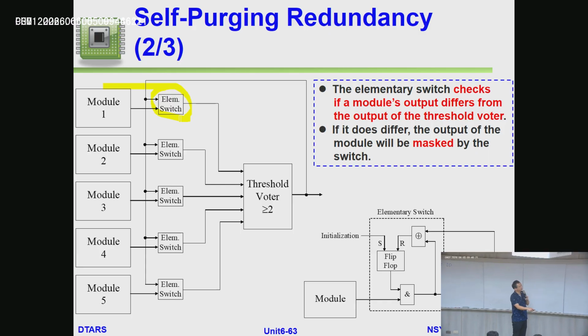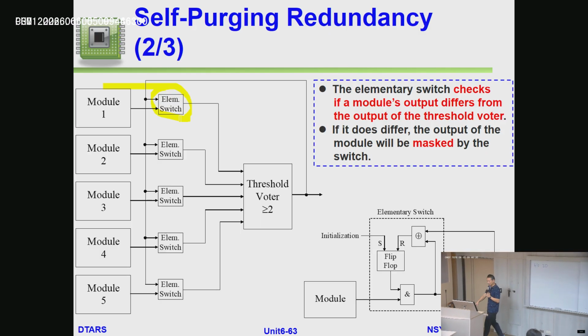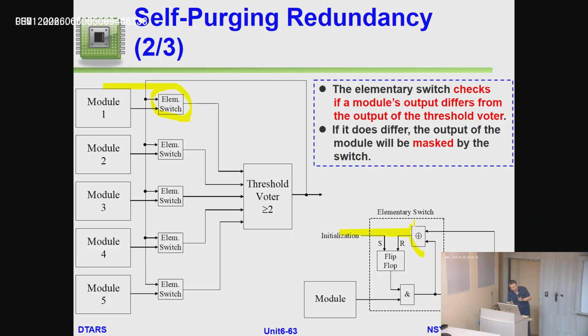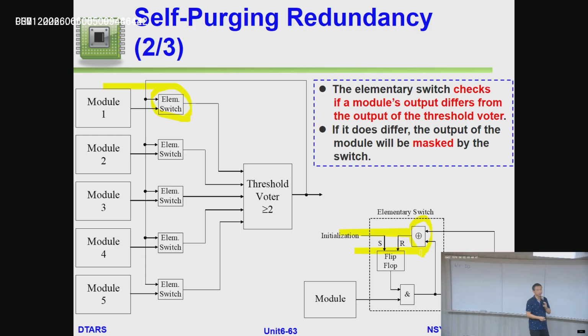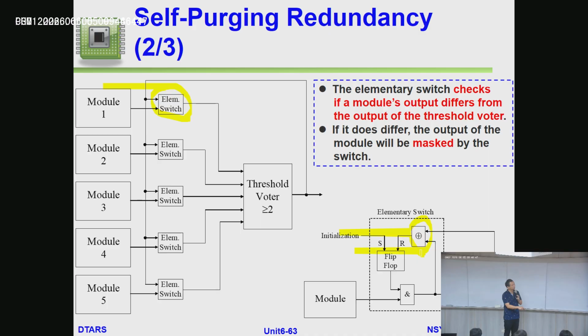Here you can see the architecture of this elementary switch. The key part of this elementary switch is this one, an exclusive OR gate. Here we put an exclusive OR gate to compare the voter output with the current outputs. So basically this is a comparator. We try to compare them because we have a threshold voter here.